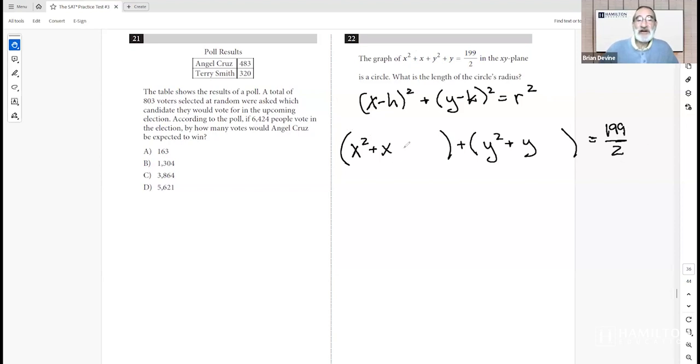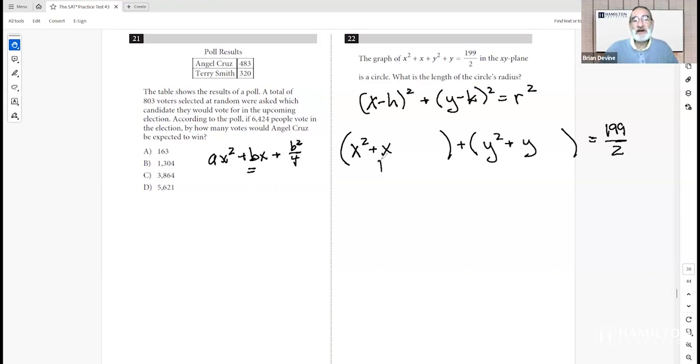So what I want to do here is take these each and turn them into a binomial square. And the trick is that if I'm given something in the form ax squared plus bx, I take half of b and I add it on the end. So I'm going to have b squared over 4 in this general example.